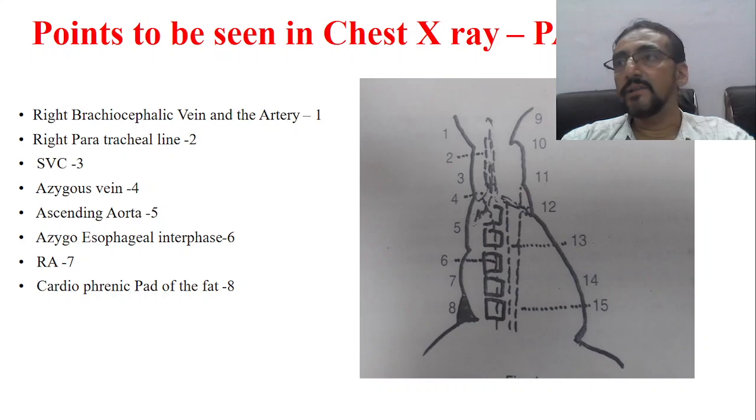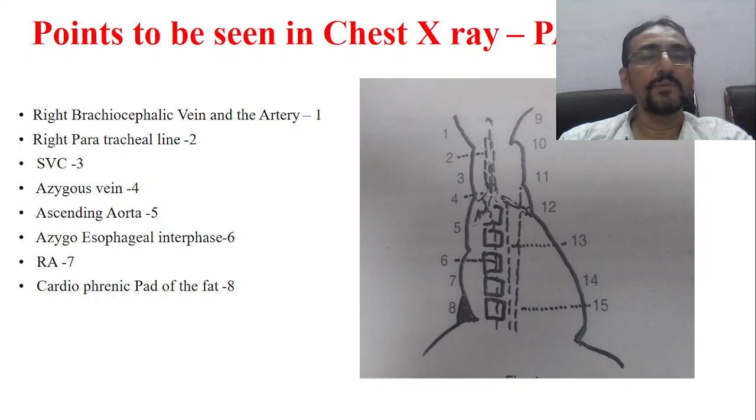Now, reading the chest X-ray is easy once you know the underlying anatomy of the lung. Now, when you see the X-ray plate, hardly we will see some of the white patches and some of the black patches. That's all what we are seeing.